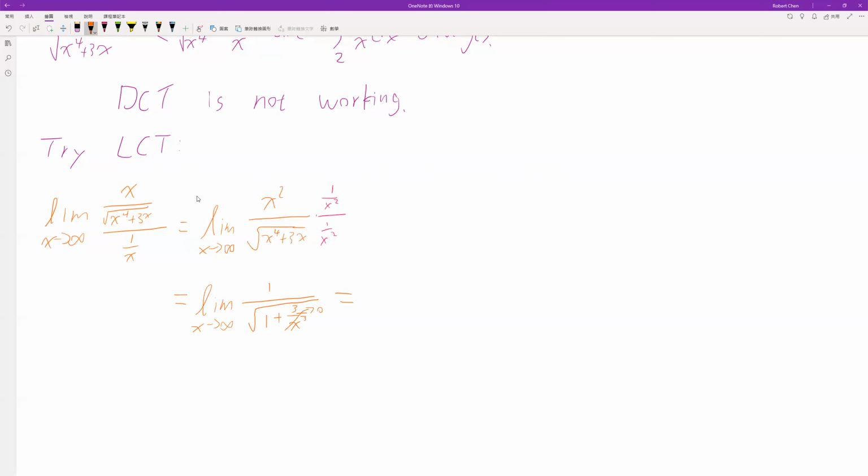And then you're left with 1, right? So what we have shown here, if it's 1, we have successfully shown that 1 over x and x over square root of x to the fourth plus 3x behave the same way.